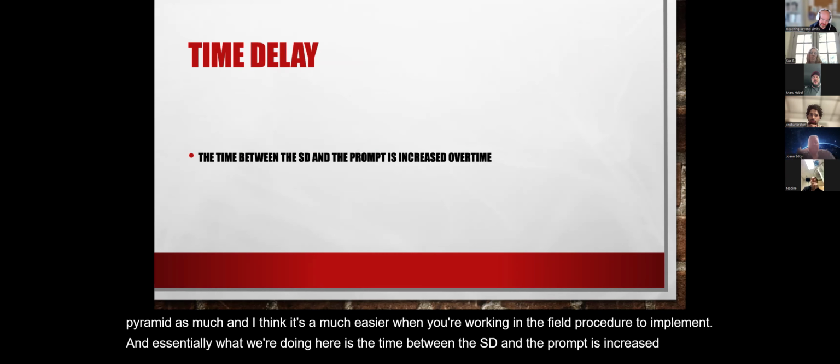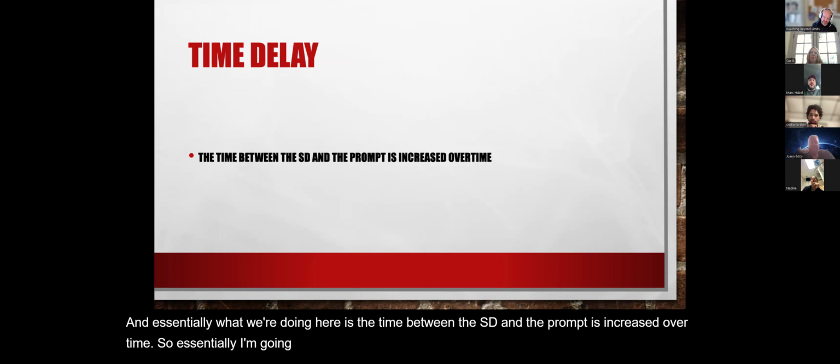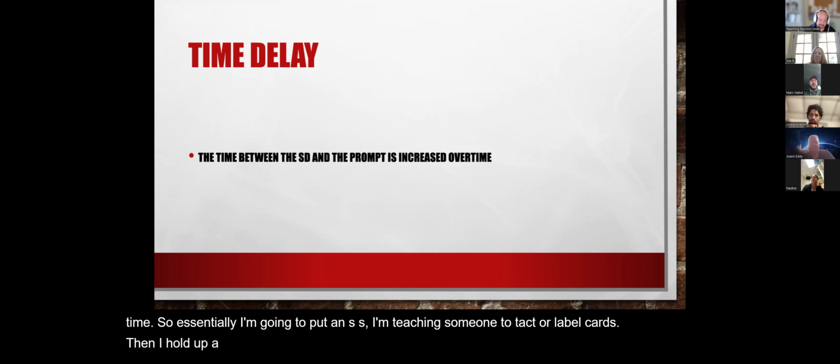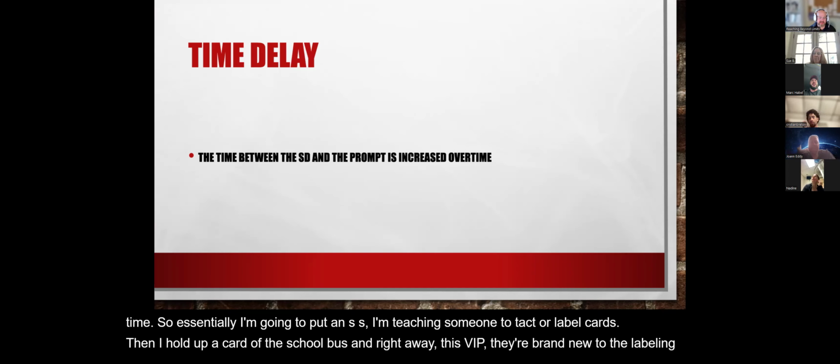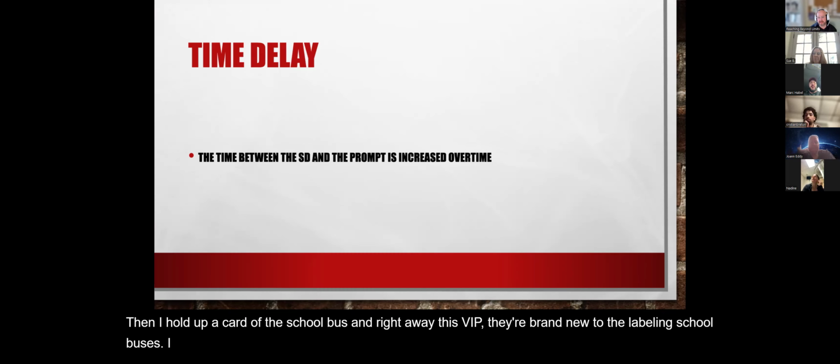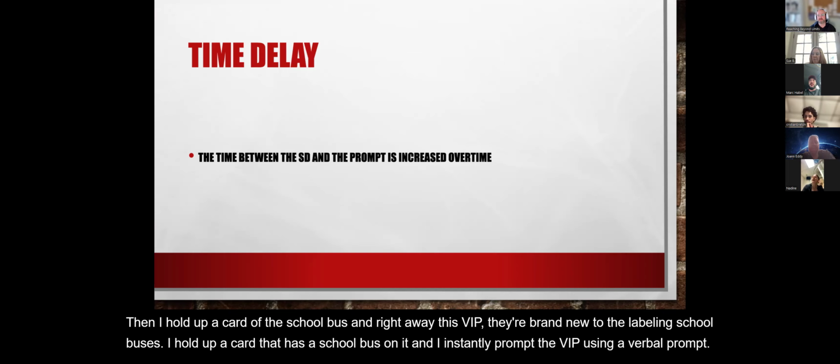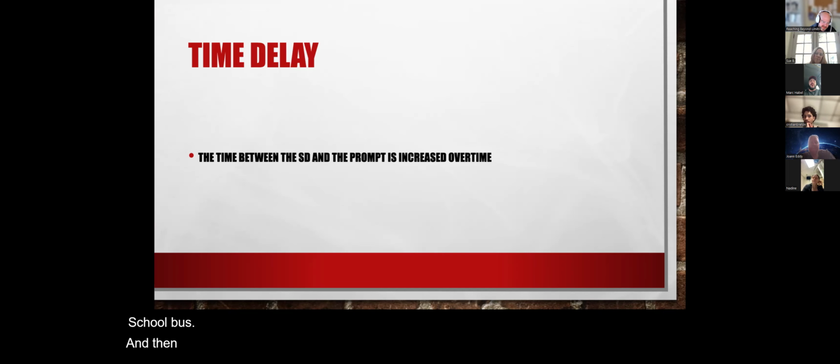So I'm teaching someone to tact or label cards. I hold up a card of the school bus, and right away this VIP, who is brand new to labeling school buses, gets an instant verbal prompt: school bus. And then the VIP says school bus, and I provide reinforcement in the form of praise.